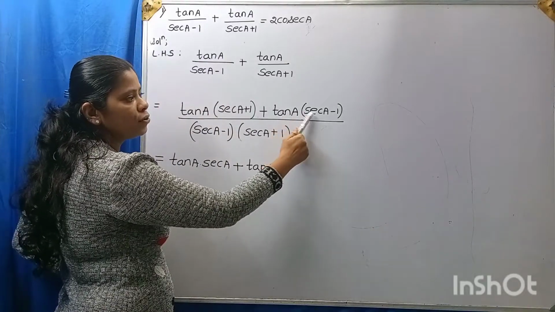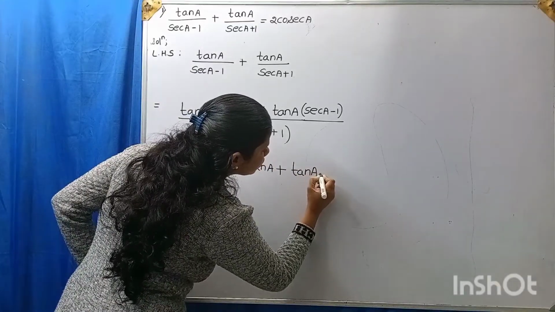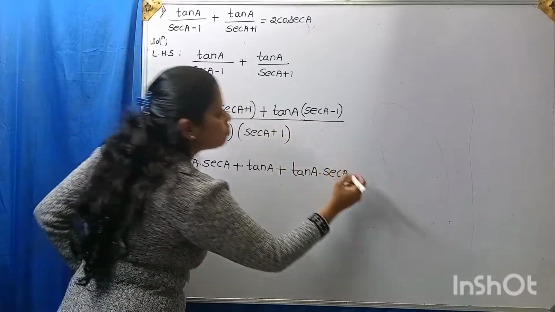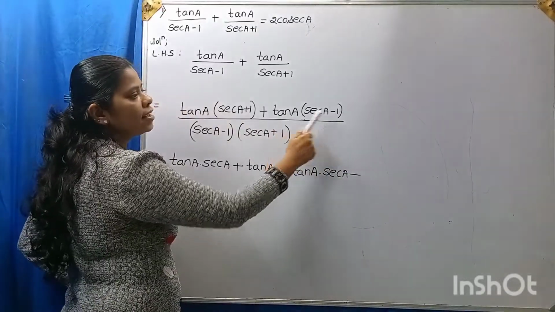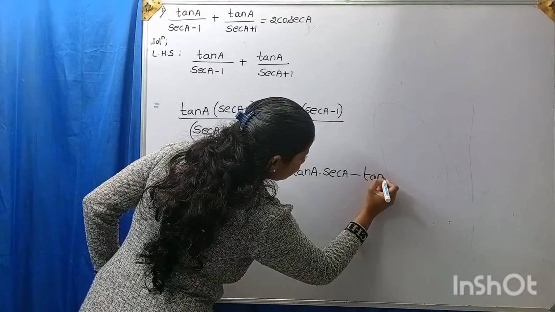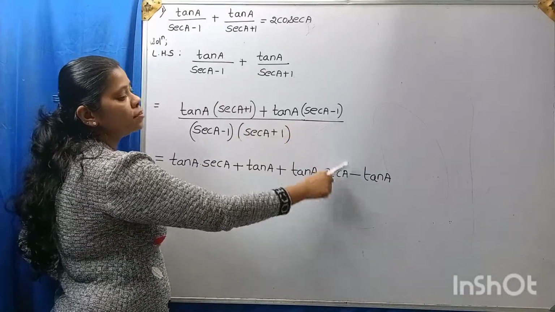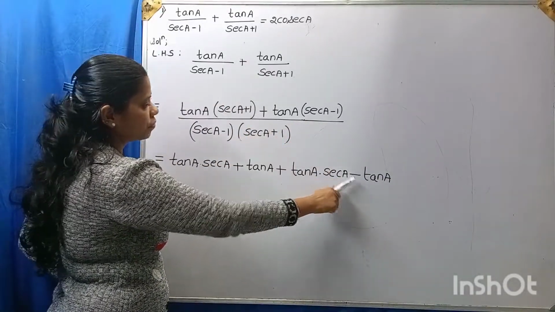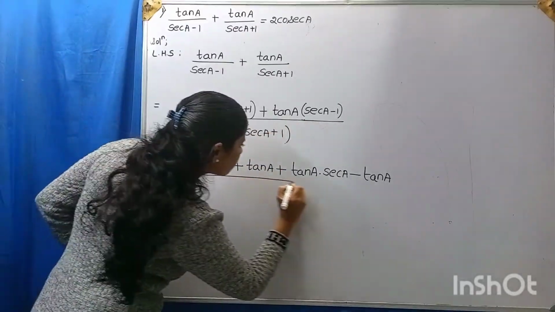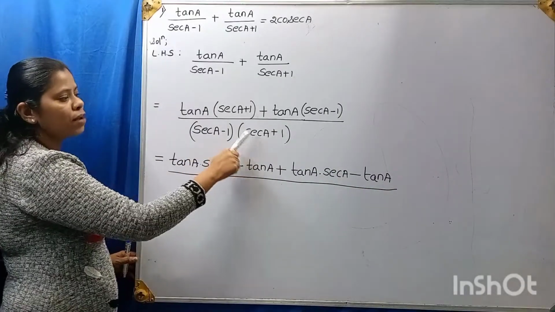That is tan A into secant A. Plus into minus is minus, tan A into 1 is tan A. Be careful here. Plus into minus is minus. Whole divided by secant A minus 1 into secant A plus 1.